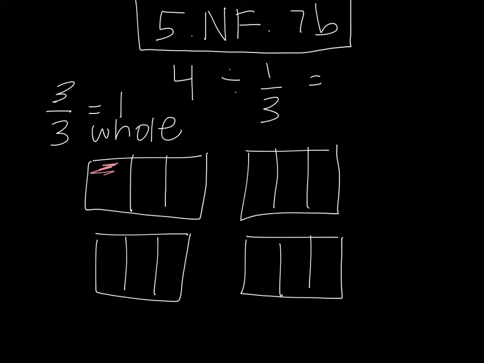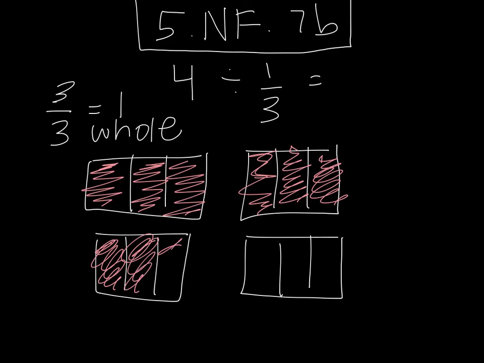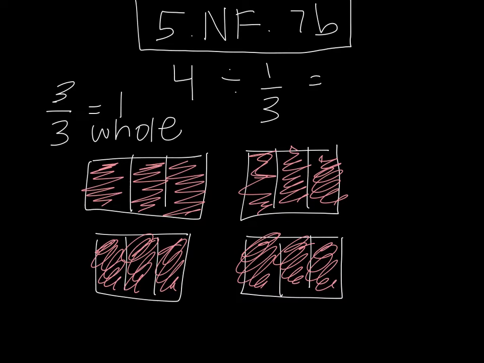So I have 1, 2, 3, 4, 5, 6, 7, 8, 9, 10, 11, 12. So I know that there are 12 1/3 pieces in 4 wholes.